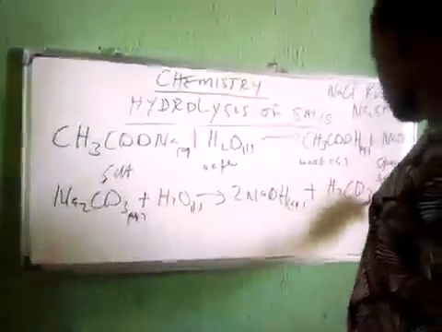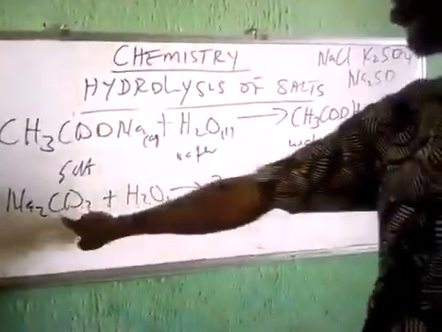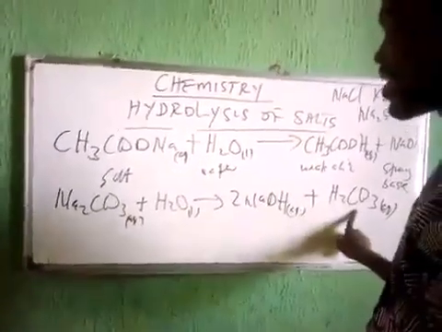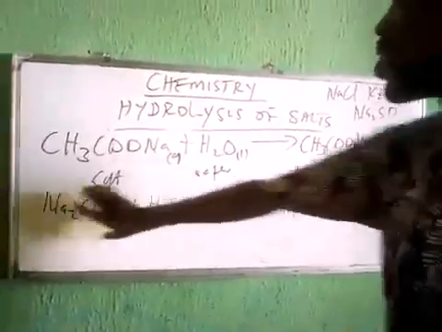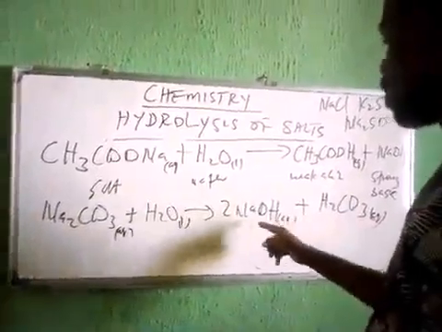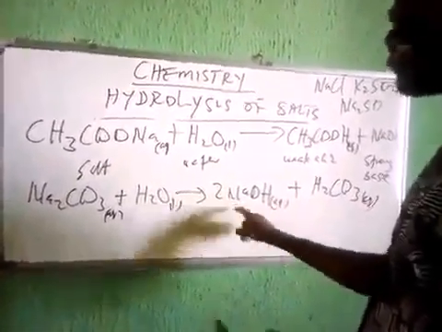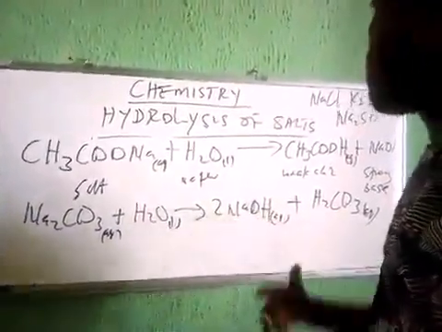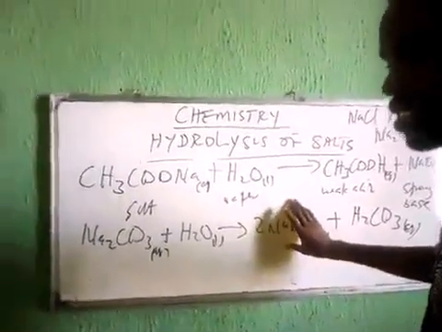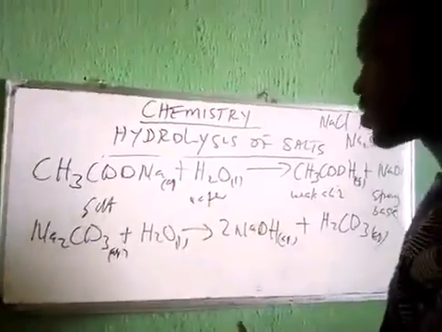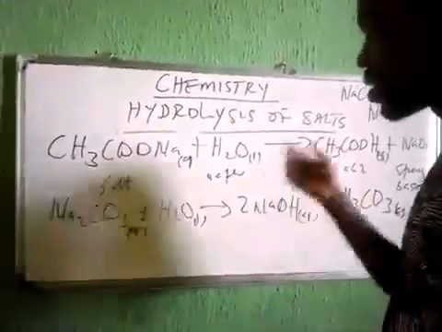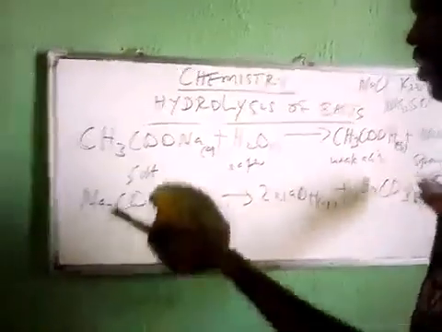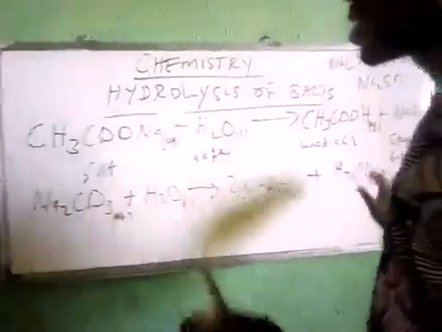You can see when this salt is hydrolyzed, it forms sodium hydroxide, which is a strong base, and a weak acid. So when this salt is dissolved in water, that solution will have basic characteristics, to be alkaline. So it turns red litmus paper blue. If you test with pH, the pH will be above 7, because of the presence of base. So this is how the effect takes place. The phenomenon is what we call hydrolysis. Okay? So whenever you come across this, it's hydrolysis that takes place.